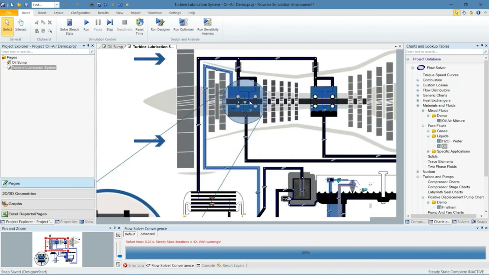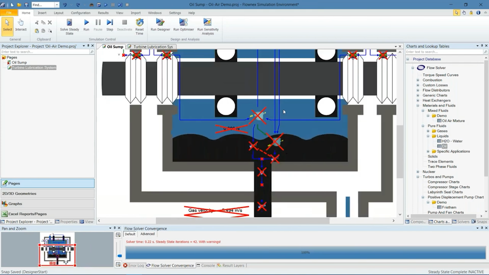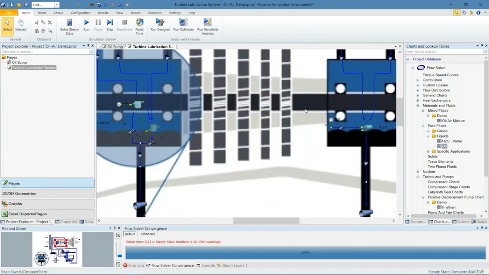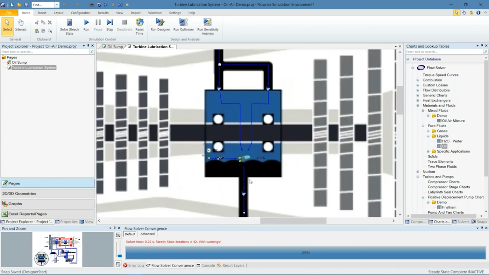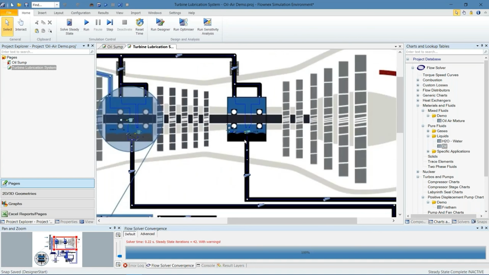The first bearing sump over here is pretty much identical to what we had before, where we have an air vent and a scavenge line, and then the bearing sump on the right-hand side has a scavenge line but no air vent. So here we have both oil and air being carried down the pipeline.